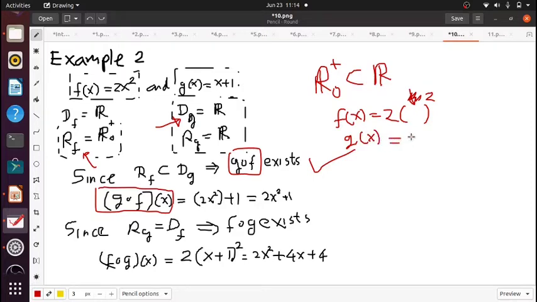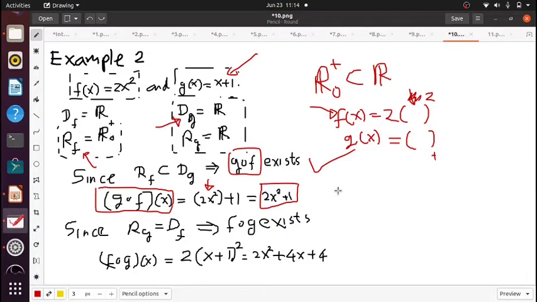For g of x, the input will be this plus 1, right? Now when you take g by f, the function f will be the input, not the x. What you have to do is put the function f in and replace the x from the g of x. So in this case, you get a simple quadratic function, 2x squared plus 1.